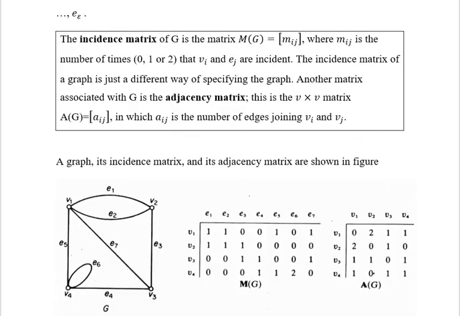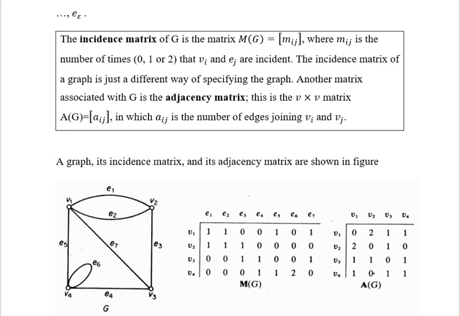A graph, its incidence matrix and its adjacency matrix are shown in the figure. As we have seen, the graph is given here, and first given is M of G, which indicates the incidence matrix of the graph. We have discussed earlier that in this matrix, the rows represent the vertices and the columns correspond to the edges.